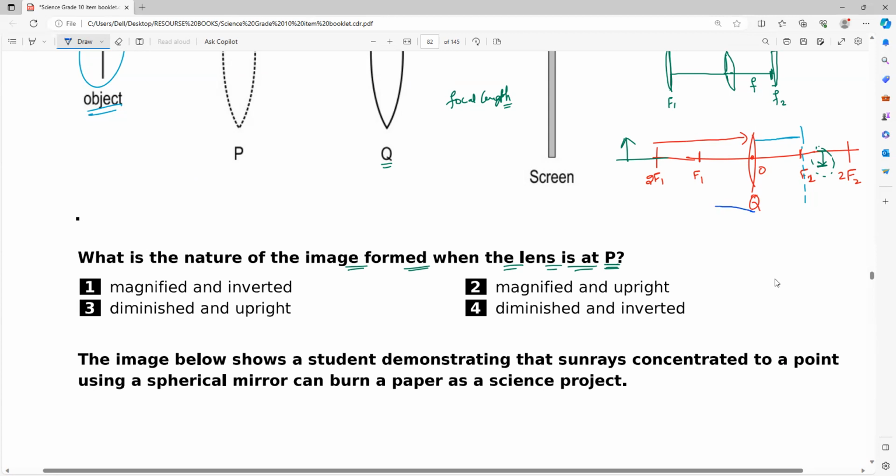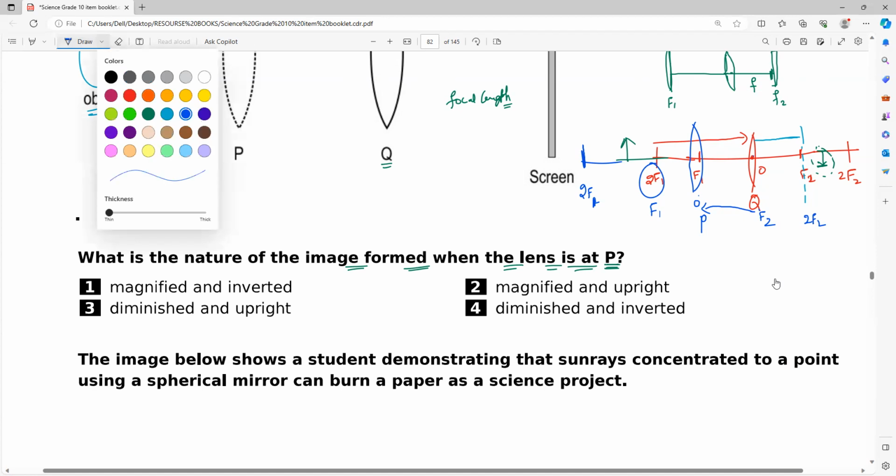The lens alone is shifting from Q to P. Now if the lens is coming here, then this will become the optical center, this will become F2 and this will become 2F2, and the object is here, this point will become F1 and somewhere at another distance it will become 2F1. Is it right or wrong? Please respond, everybody.